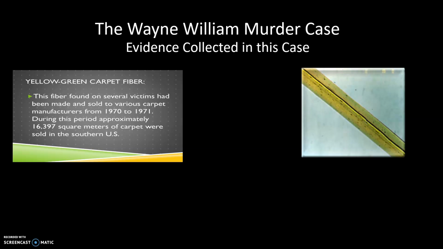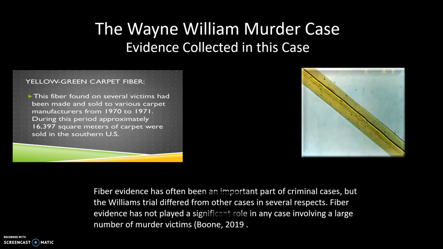But the strange thing about this case, in particular, when it comes to fiber, is this: fiber evidence has often been an important part of a criminal case, but the Williams trial differed from other cases in several respects. Fiber evidence has not played a significant role in any case involving a large number of murder victims.